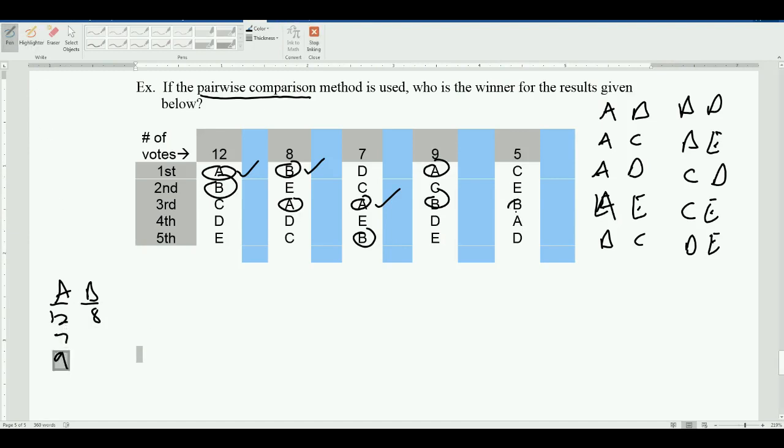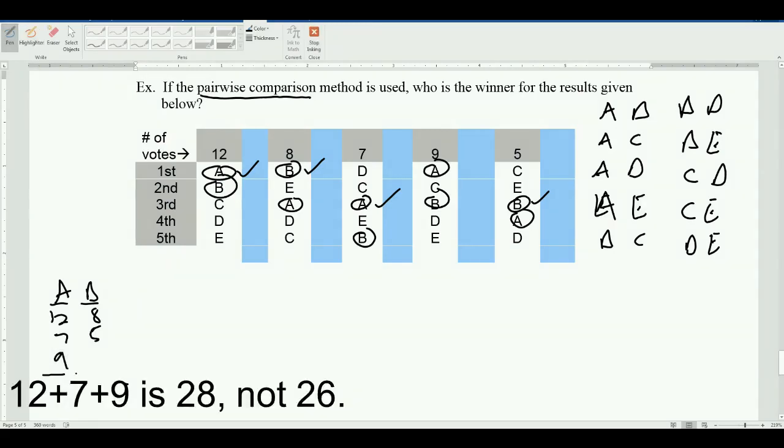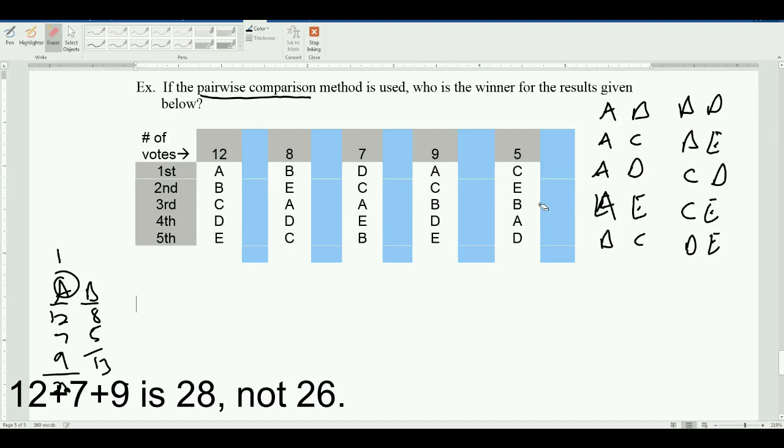Then here, B wins, so B gets those 5 votes. When you add those up, 12 and 7 is 19, and 26 versus 13. A wins, so A gets a point there. That's how we're going to do all these head-to-head competitions. Every one of them.